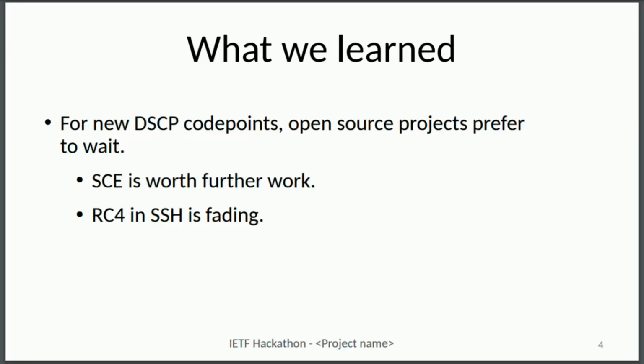SCE is just starting, so it's worth looking more into that. There's also other work going on with other SCE developers. And lastly, Golang 1.12 ships with the TLS 1.3 API, so expect more TLS 1.3 in software packages written in Golang.